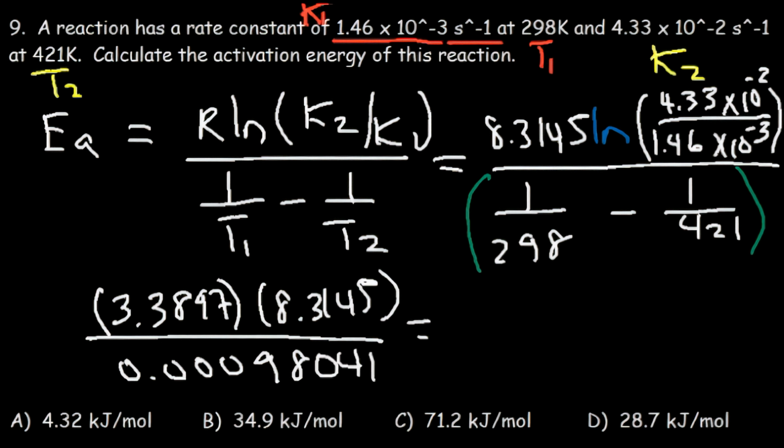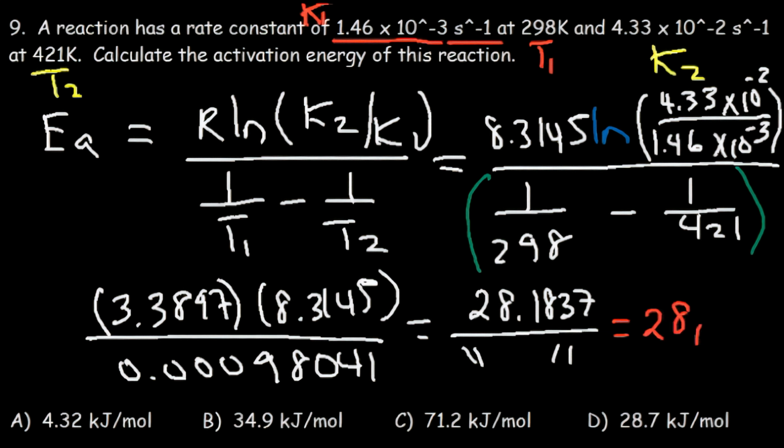So 3.3897 times 8.3145 is about 28.1837. And then we're going to divide it by the number in the bottom. So you should get 28,747.